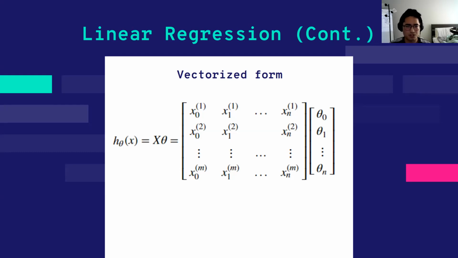So it's always good to represent everything in a vectorized form. When you read research papers, a lot of researchers who write down the technical details always have everything in vectorized form when they describe data or different parameters in their model.